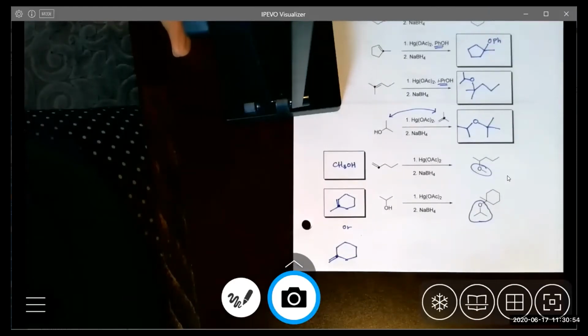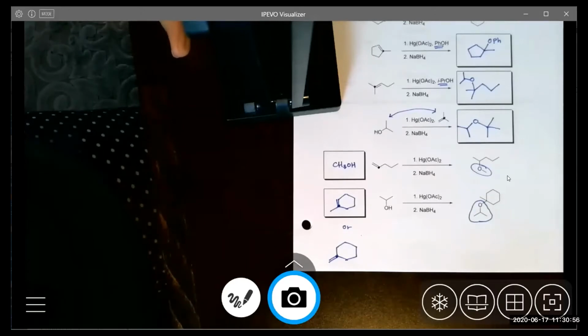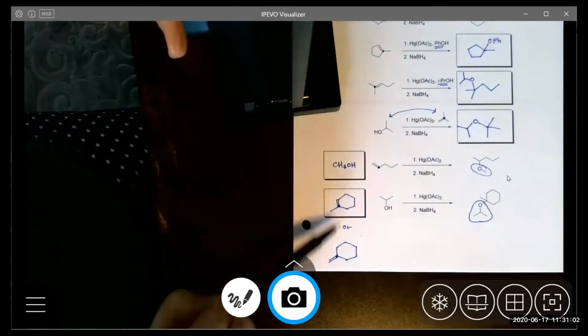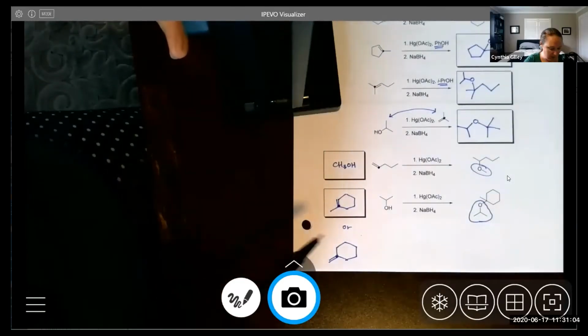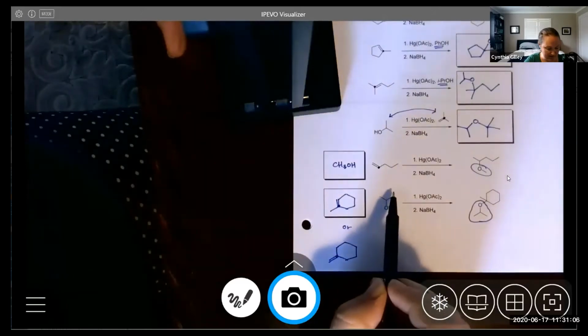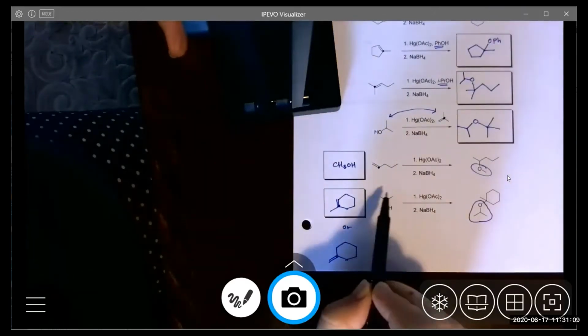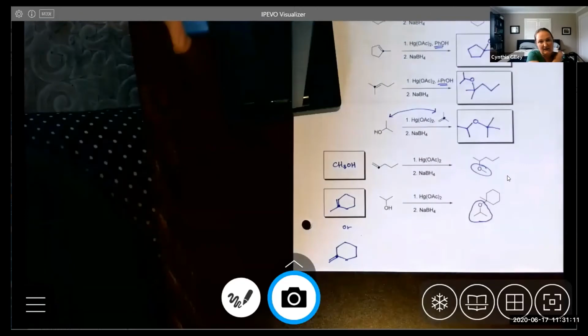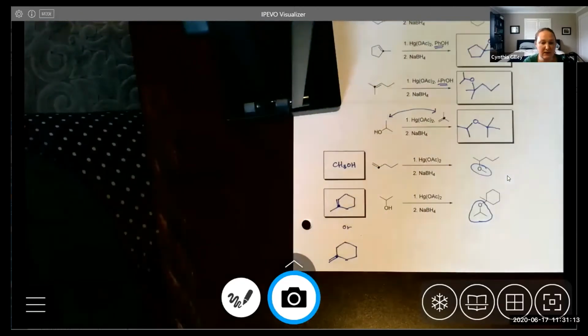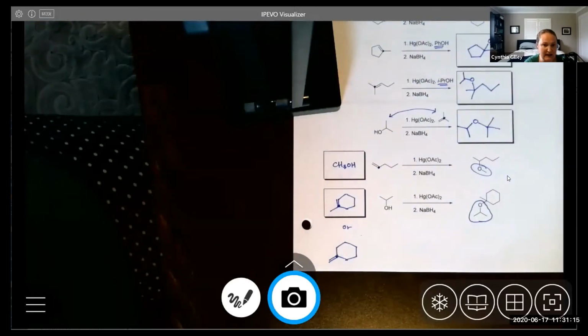Yeah, I had a quick question. Can you also put, instead of a double bond, an alcohol there on the ring? So the alcohol is here. That's why I did an alkene. You need two components for this reaction. You need the alkene and the alcohol.